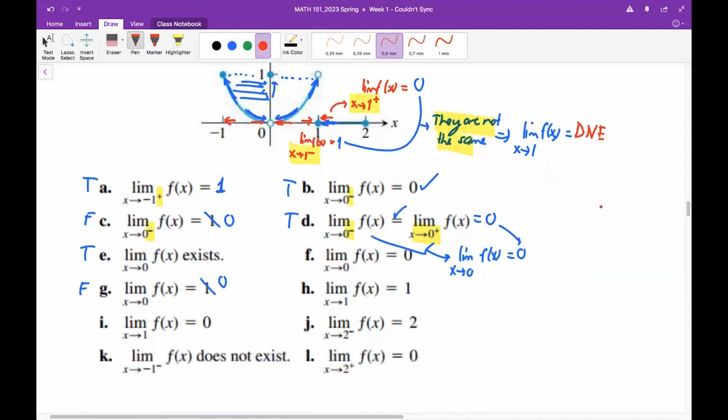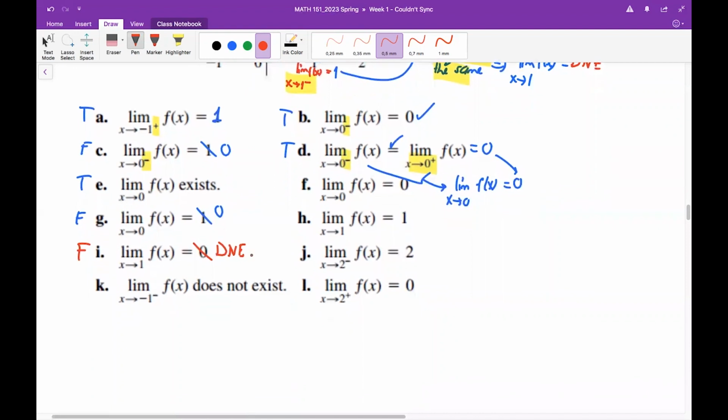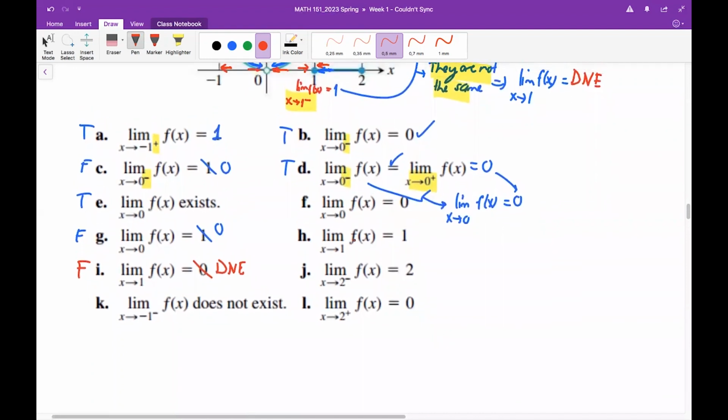So this limit is not 0. In fact, it does not exist. This is false. And it is not 1. We already showed that this limit does not exist. False. What about this one, this limit exists 0. Yes, this is true. We already concluded it here.